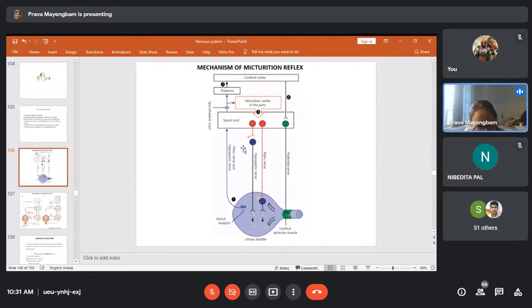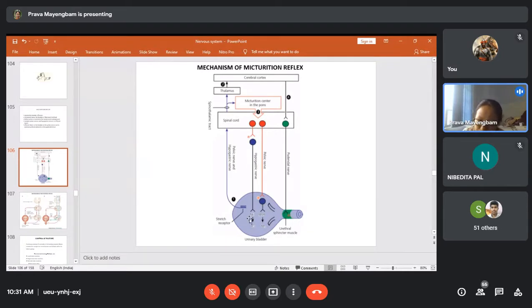These two nerves will be activated while the pudendal nerve will be inhibited. So earlier when the bladder was empty, what was the function of the pudendal nerve? It was to keep the urethral sphincter muscle contracted, keeping the sphincter closed.